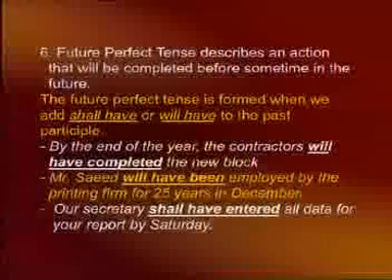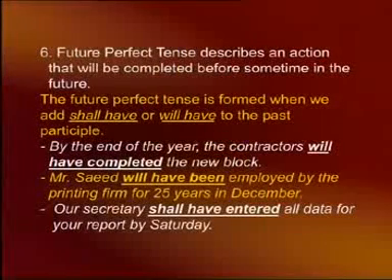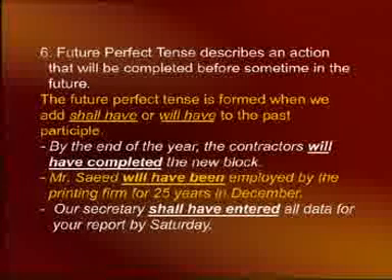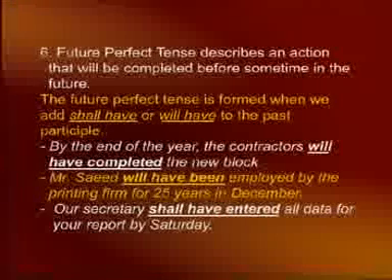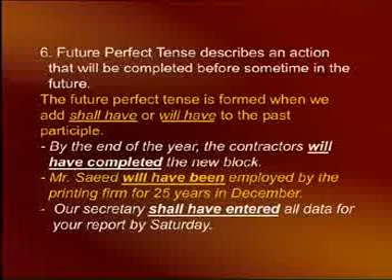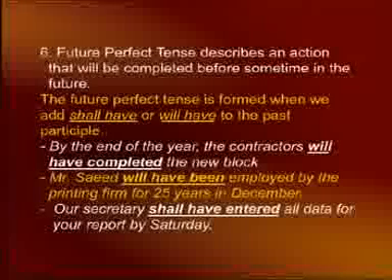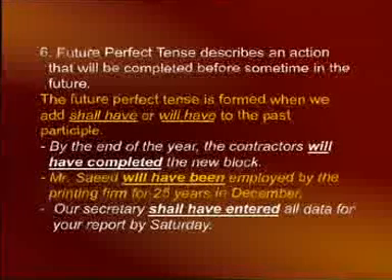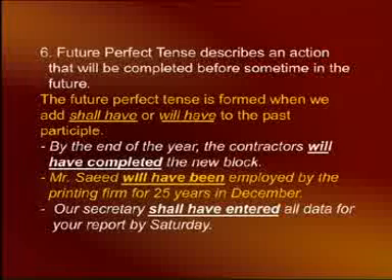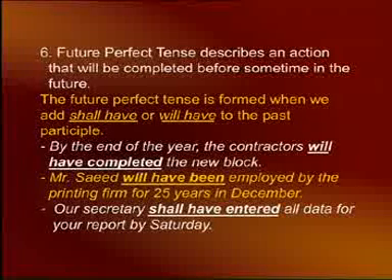Right? And the sixth tense, or the third perfect tense, is the future perfect tense. It describes an action that will be completed before some time in the future. And this perfect tense, the future perfect tense, is formed when we add shall have or will have to the past participle.